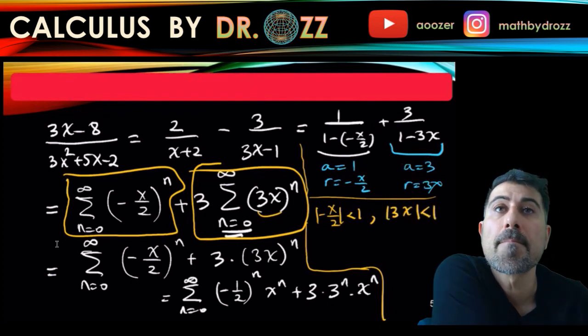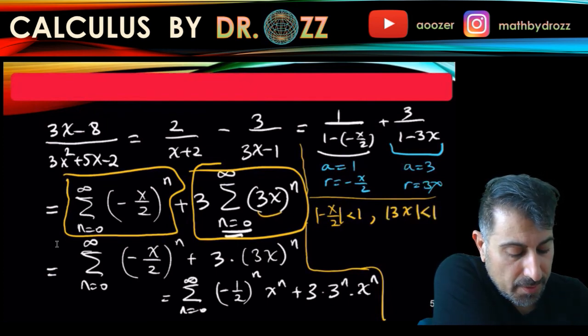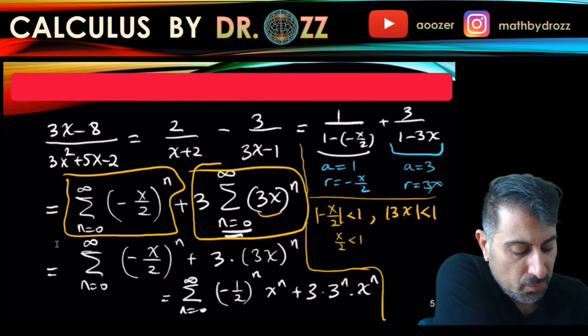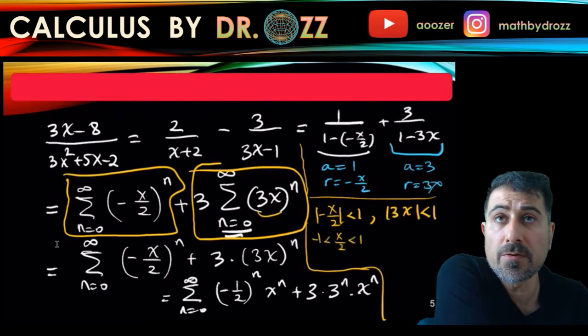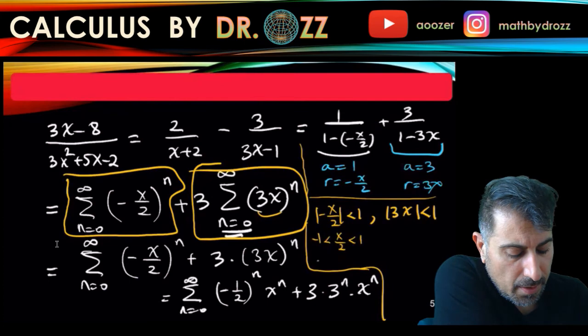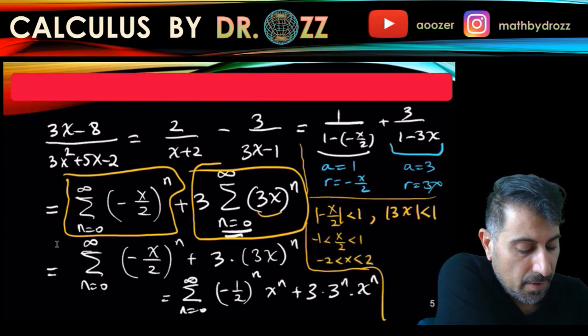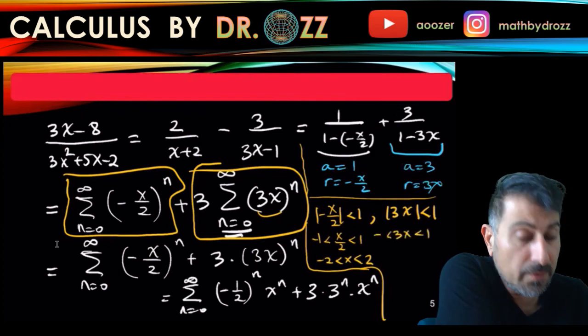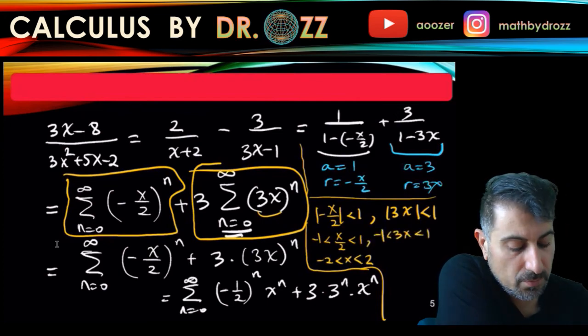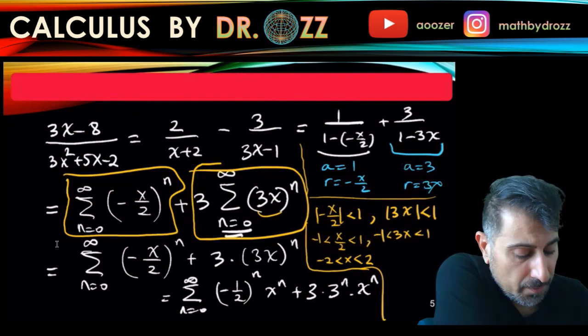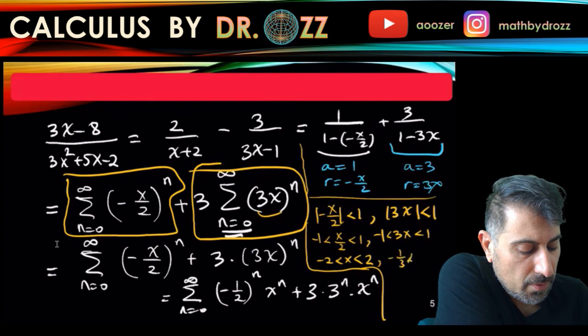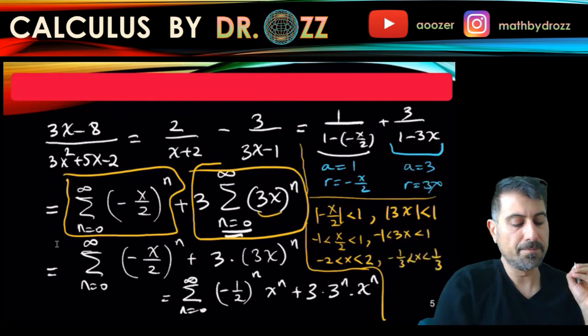The first one gives us x over 2 in between 1 and negative 1, and multiplying both sides by 2, x is between negative 2 and 2. Then I have 3x in between 1 and negative 1, and dividing everything by 3, x is between negative 1/3 and 1/3.